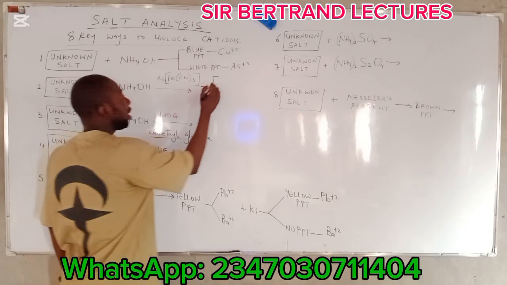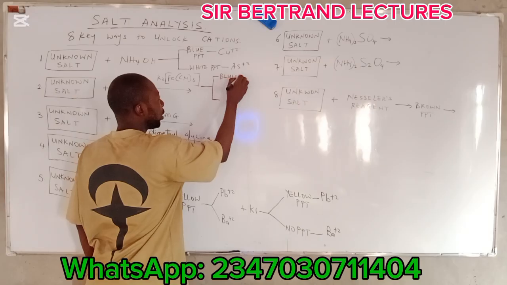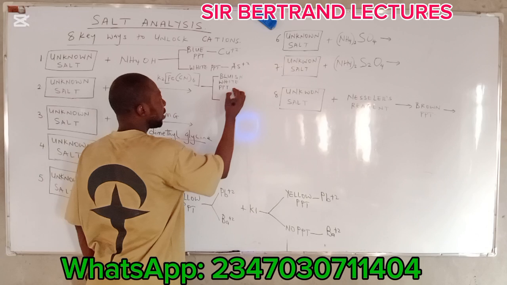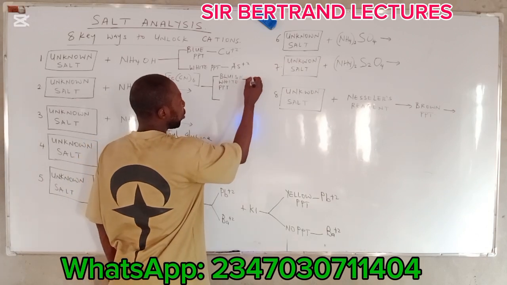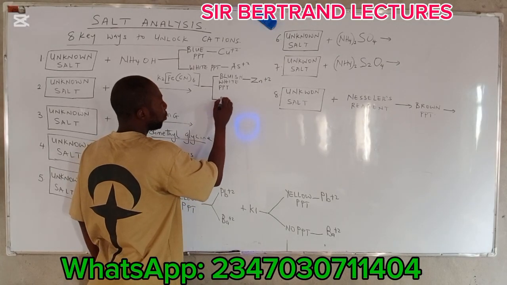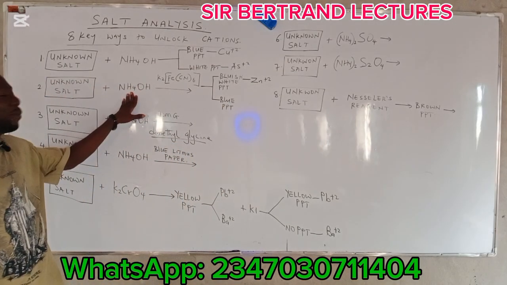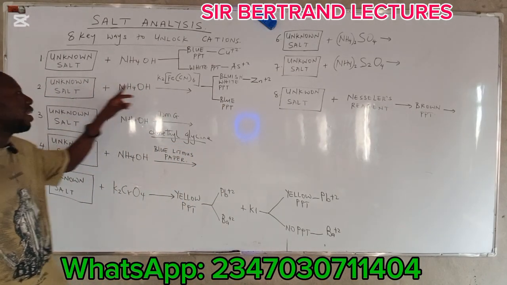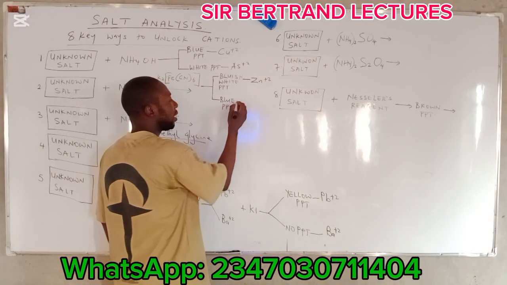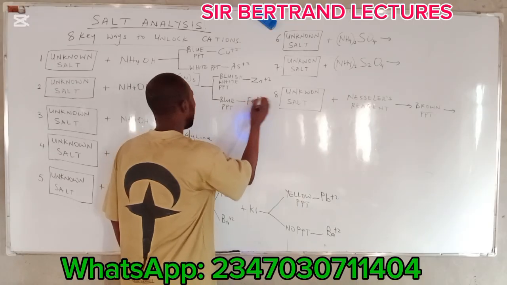Now, if it gives bluish white precipitate, it indicates the presence of zinc ion. All right? If it gives blue precipitate, after you have added ammonium hydroxide to the unknown given salt sample in the presence of potassium cyanide, the cation present is iron. All right?